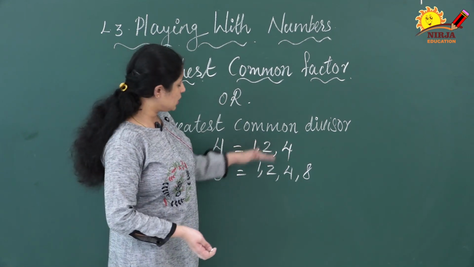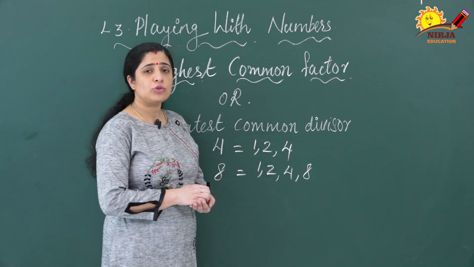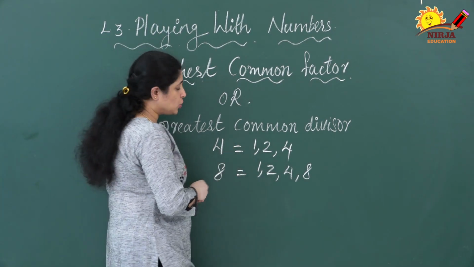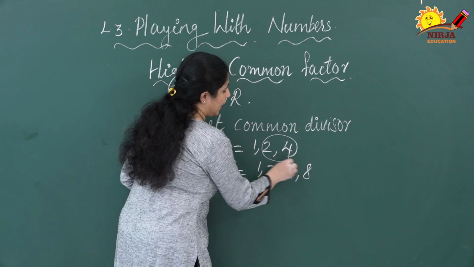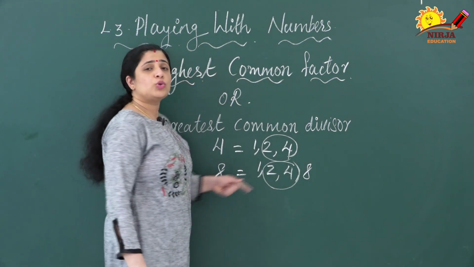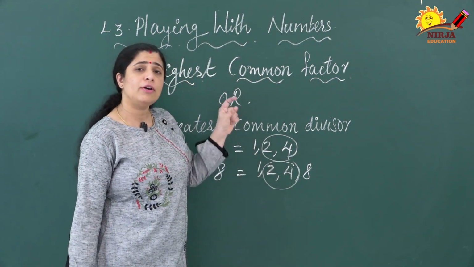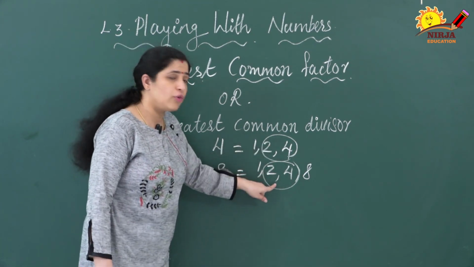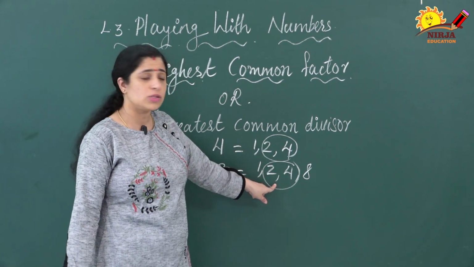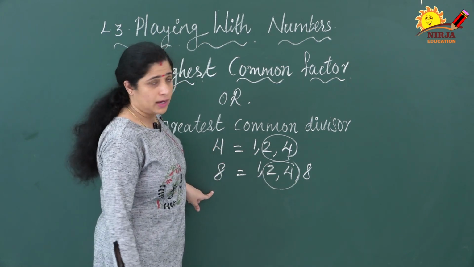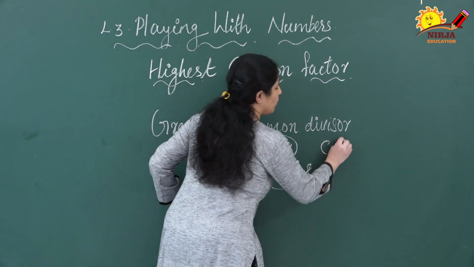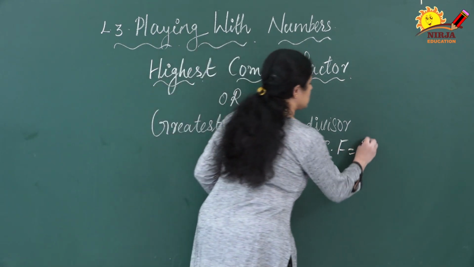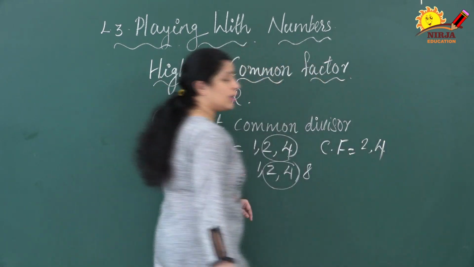When you look at these two numbers, you come to know that two numbers are common in both cases. What are the two numbers? 2 and 4. So 2 and 4 are the common factors of 4 and 8. We can write it as CF, the short form of common factor, equal to 2 and 4.